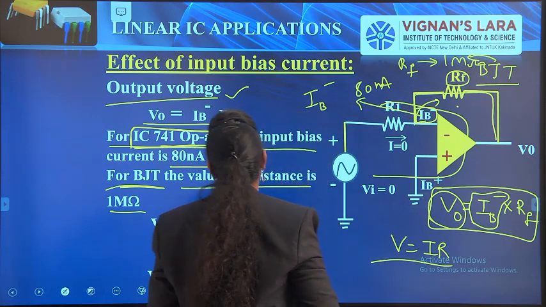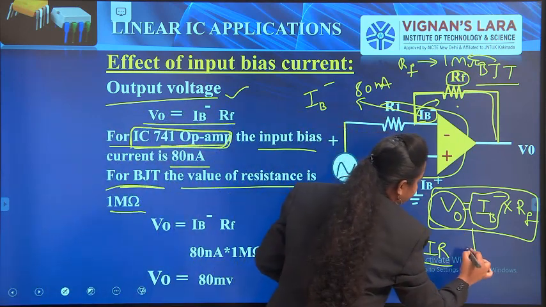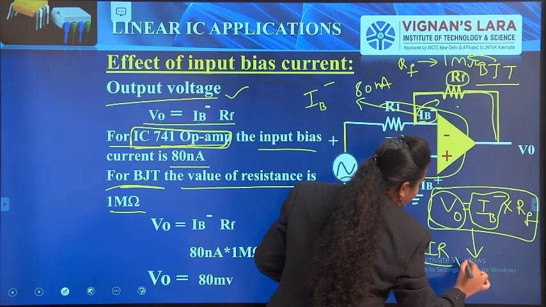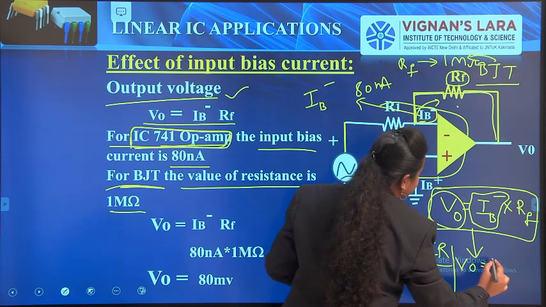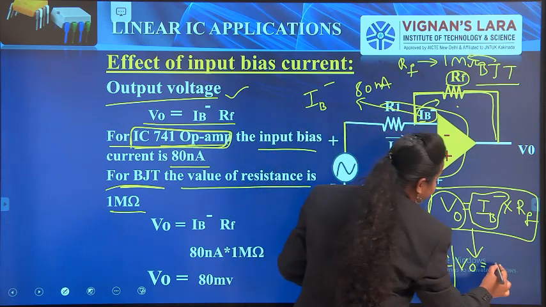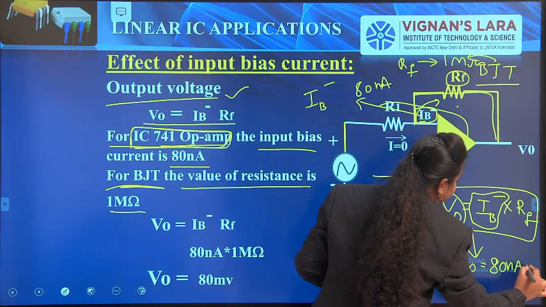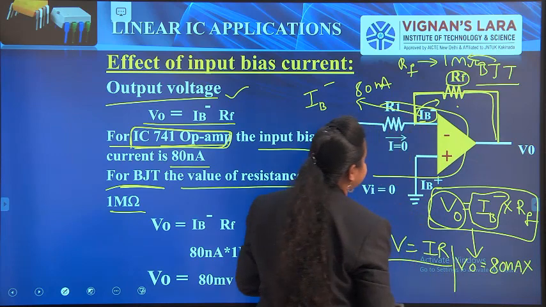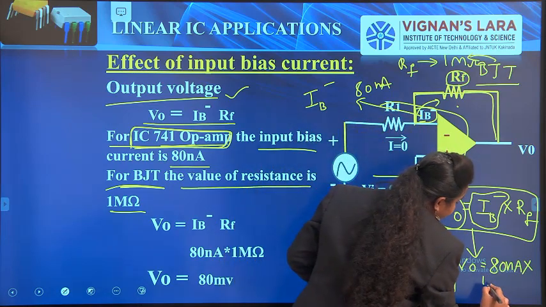So here we calculate the output. V naught is equal to IB minus, the input bias current of 80 nano amperes, into RF, 1 mega ohm.